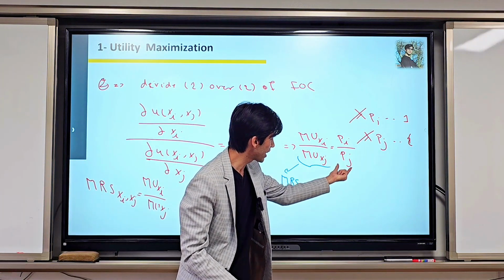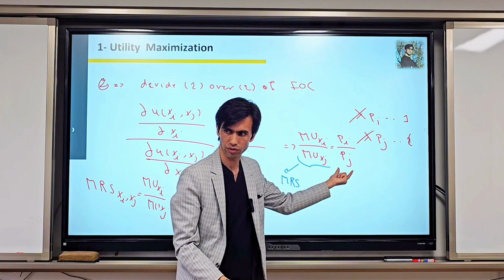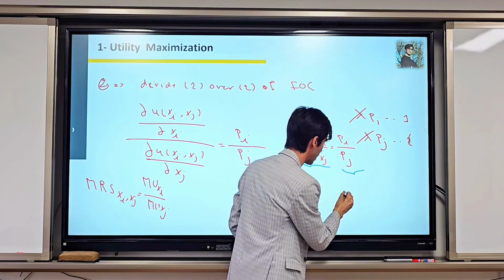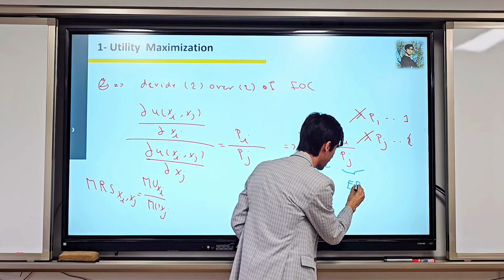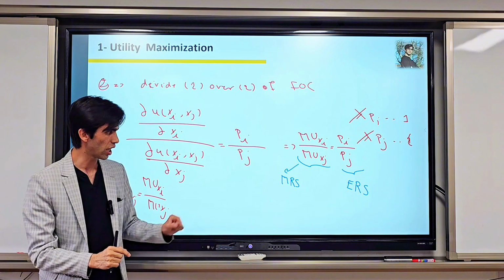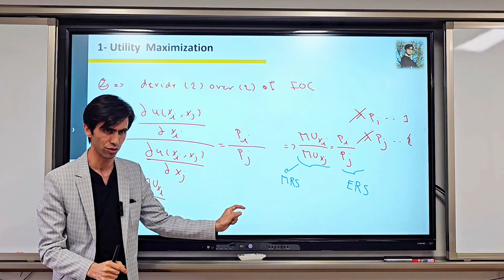And this is the ratio of prices, the price of two goods. In economics, we call this the economic rate of substitution. The ratio of price is called the economic rate of substitution.